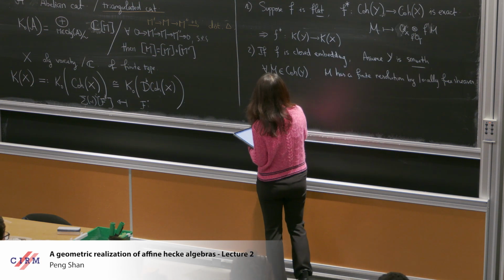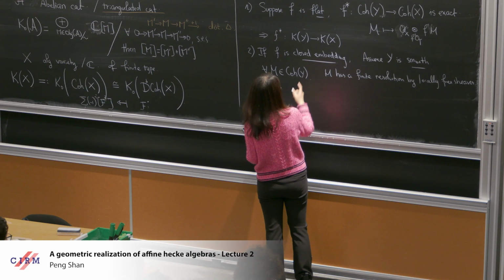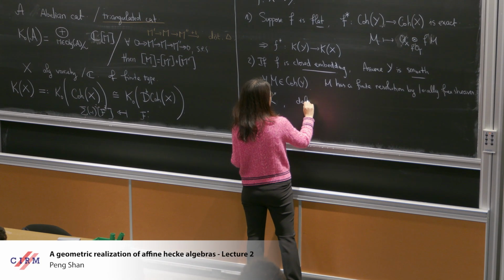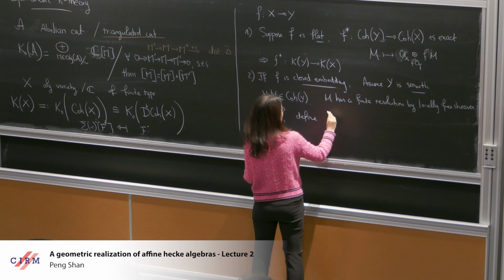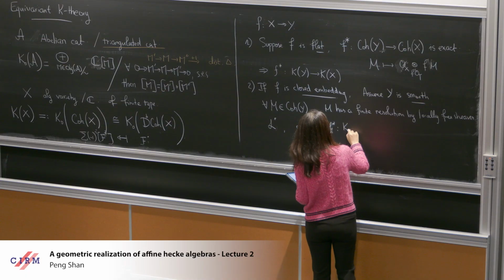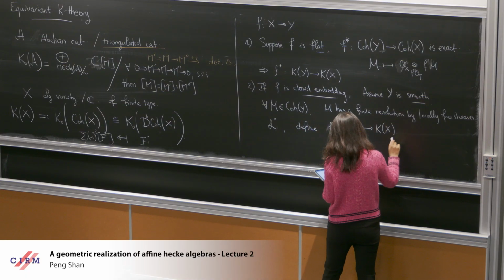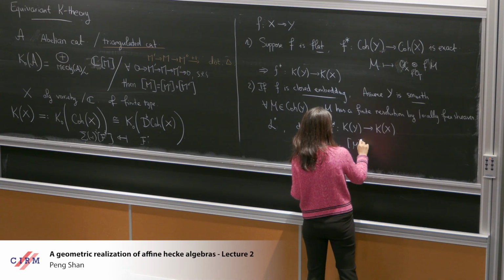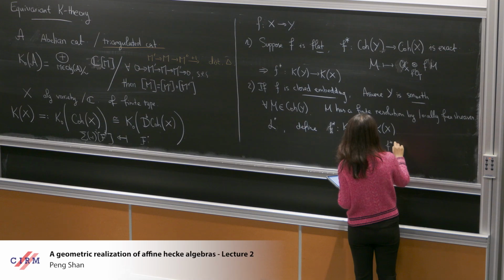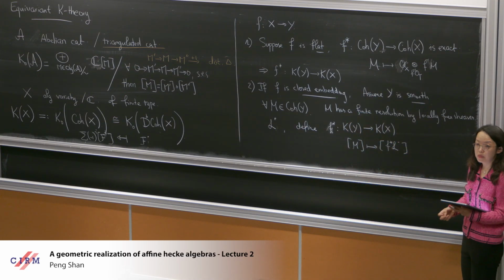And in this case, you can also define the pullback. Although it's not a flat map, we can define f upper star from K(Y) to K(X) just by sending this class M to the pullback of this free resolution.